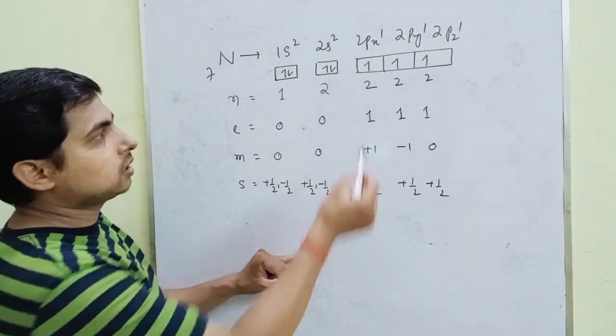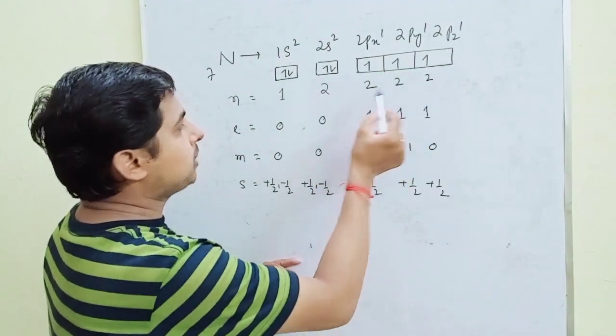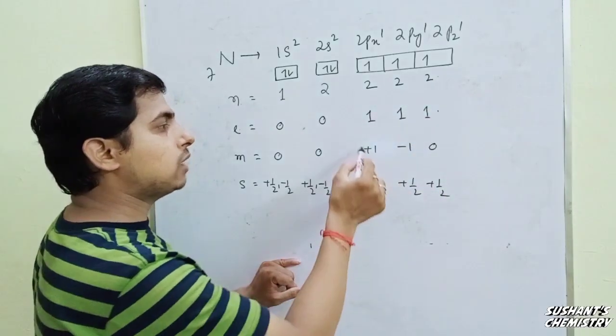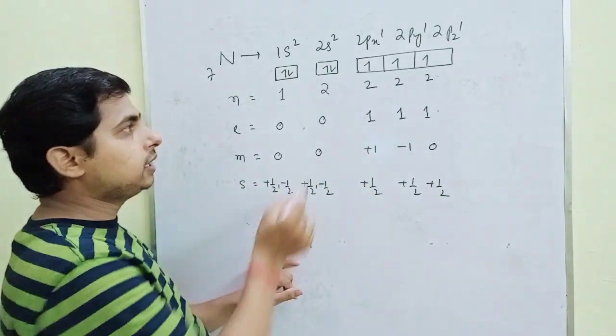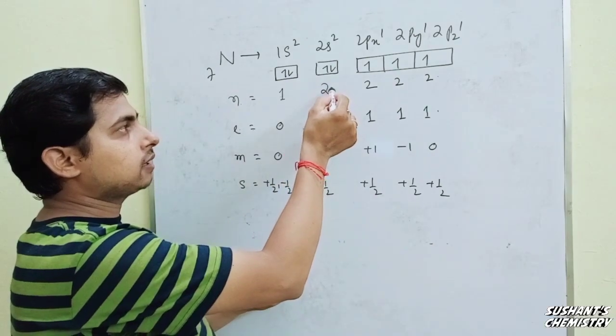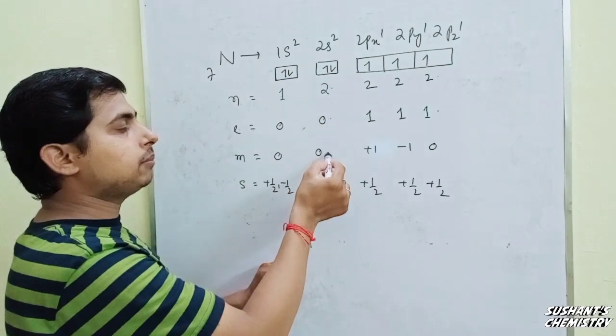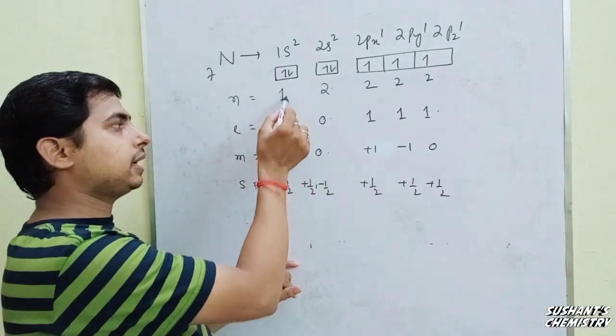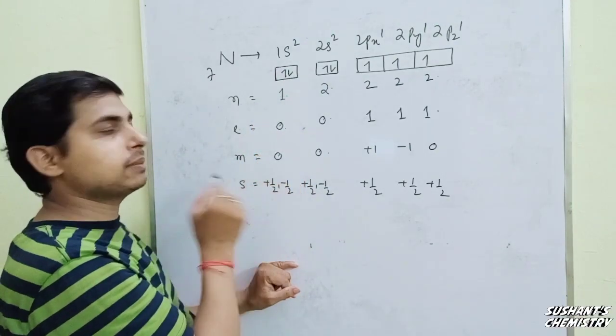You see here, for these three electrons, the values of n, l and s are the same, but the value of m is different. For these two electrons, the values of n, l, m are the same, s is different.